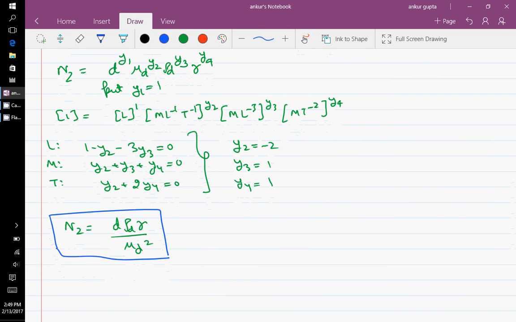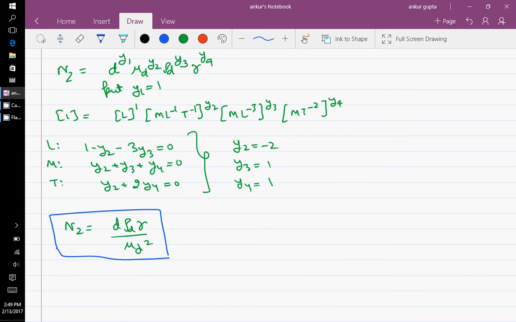Now we got two dimensionless numbers, but somebody might ask, just to clarify, why did he put y1 equal to 1? Why can't he put y2 equal to 1? If we use y2 equal to 1, you can try the whole thing out like I have done here. Please do that. That will be a good exercise for you.